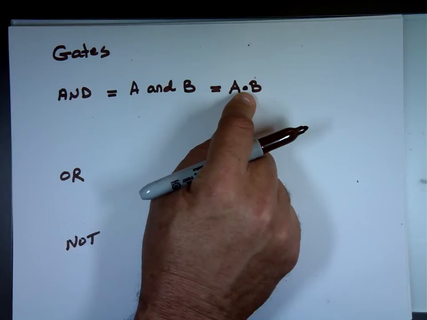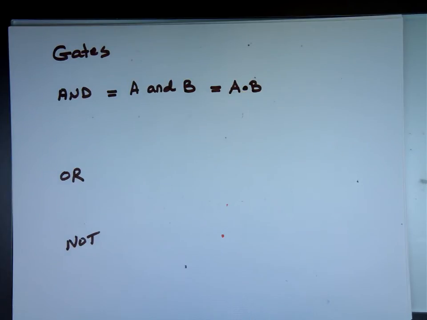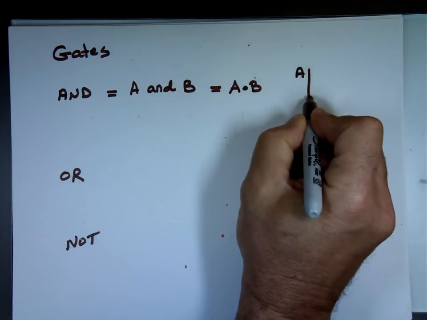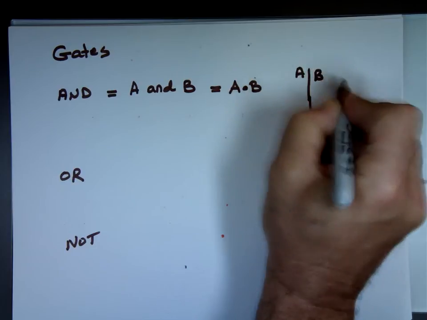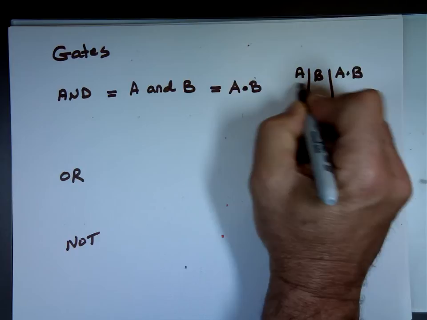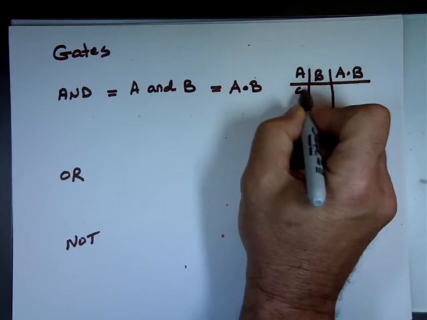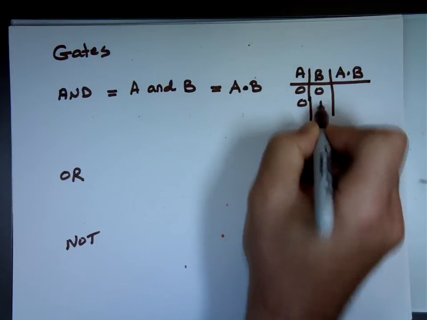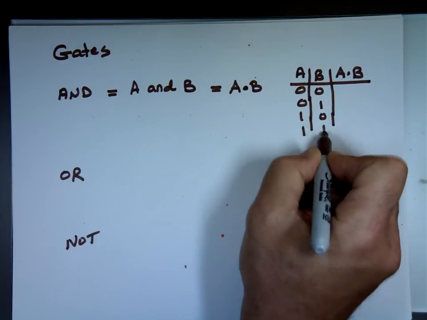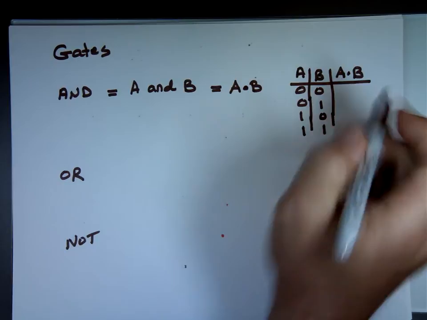But it's not multiplication. Well, if you look at the truth table, it looks like a multiplication. If you treat it as multiplication, A and B, that's called the truth table. When both zeros, 0, 1, 1, 0, and 1, 1, these are all four options. What is 0 times 0? 0.